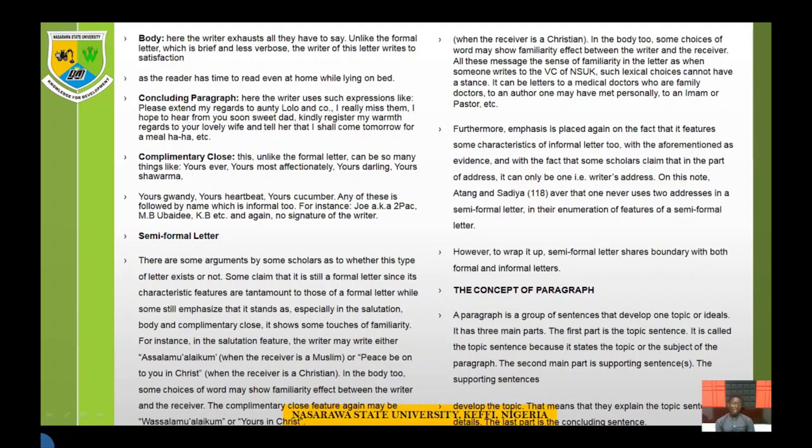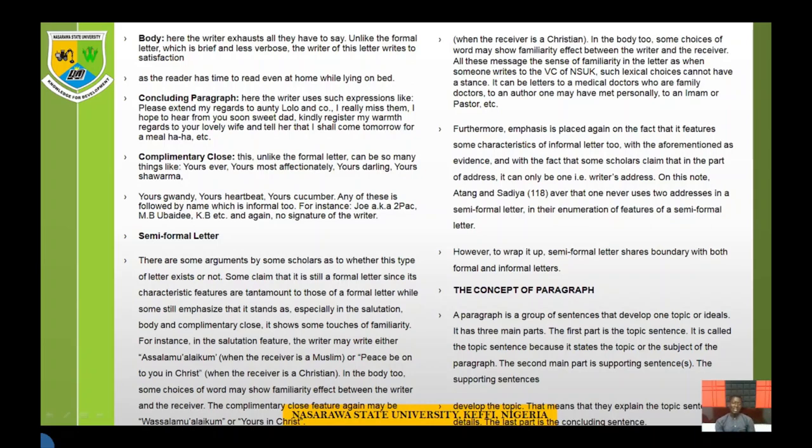But in semi-formal letter, for instance, the writer, if he is writing to a Muslim boss because they are attached, they have something in common, they are friends now, he even knows his house, they know themselves, they go for outing, they travel together, you see, they have changed from having just business relationship but something else.